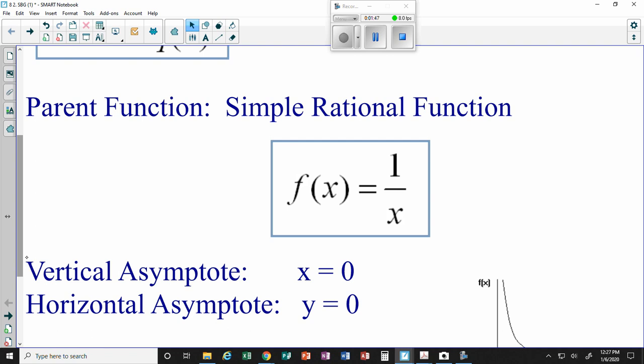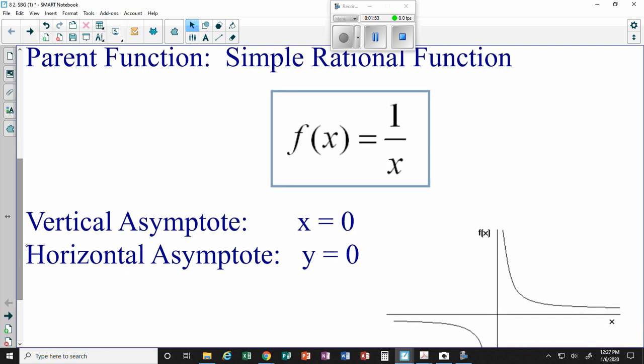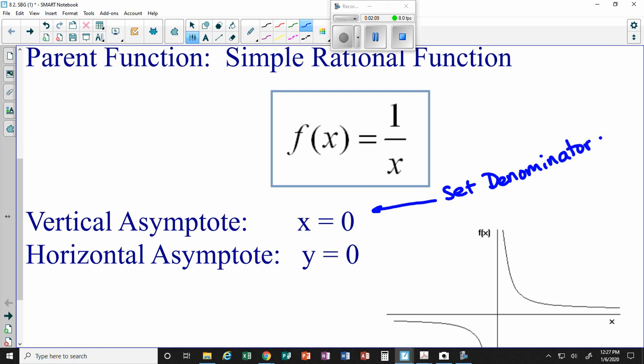But for now we're doing pretty basic ones. So 1 over x. To find the vertical asymptote, you set the denominator equal to 0 and solve.